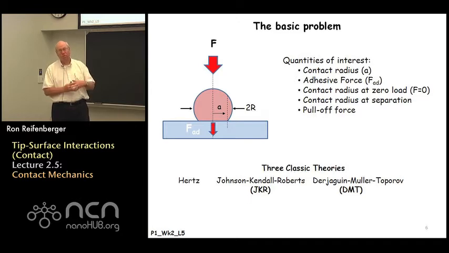Now, these adhesive forces are going to be related to the chemical interactions between atoms in the tip and atoms in the substrate. We're interested in the contact radius of the sphere, for instance, at zero load. So just when the sphere touches the substrate, it'd be useful to be able to predict that quantity.